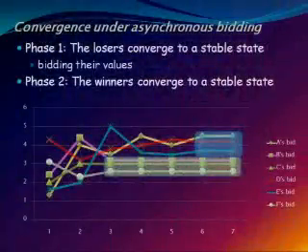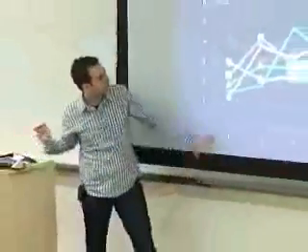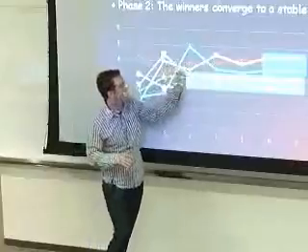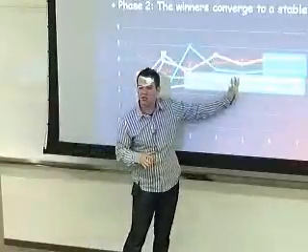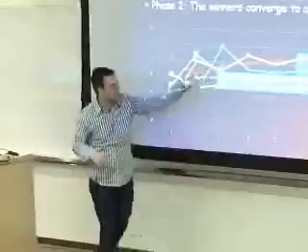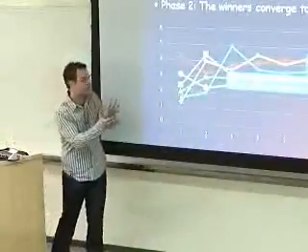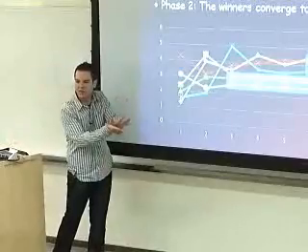In the first phase, we prove that the losers, the ones that do not end up getting slots, start bidding their values and stay there. And then in the second phase, we prove that the winners sort themselves just right and start bidding at the fixed point.